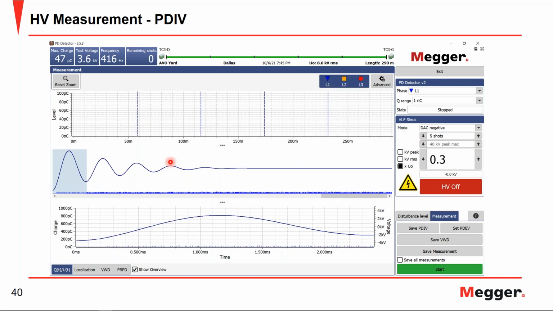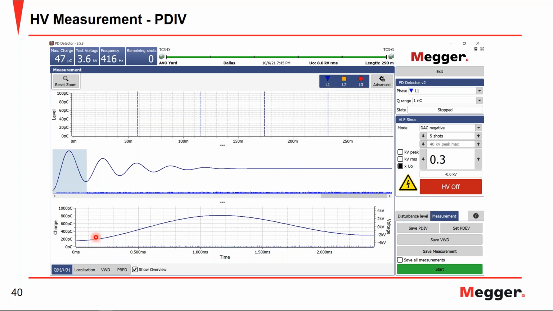What that means is you can see your damped AC wave here, and it's going to shoot that wave out 5 times, but it's going to be discrete in time. So again, we're not constantly stressing that cable, and we're able to find partial discharges. And we'll look at an example of that later.